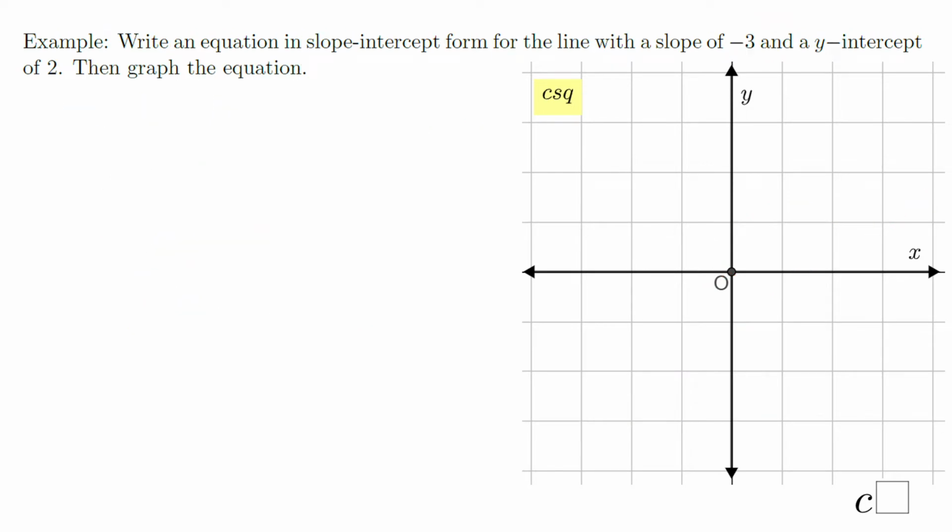A very similar one. Write an equation in slope-intercept form for the line with a slope of -3 and the y-intercept of 2. I said b is the y-intercept.